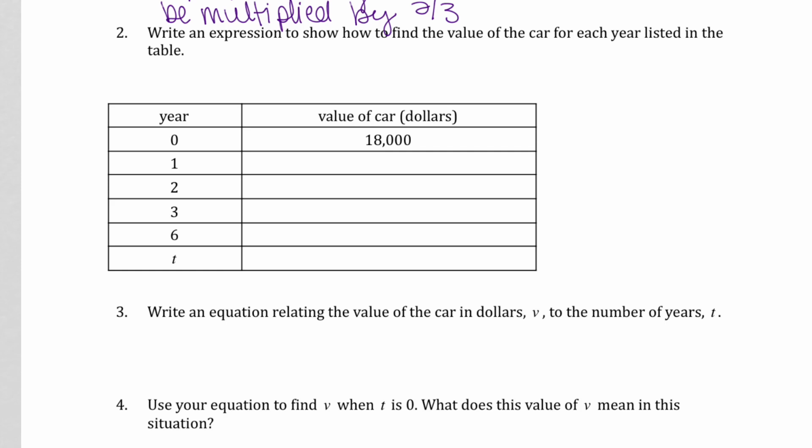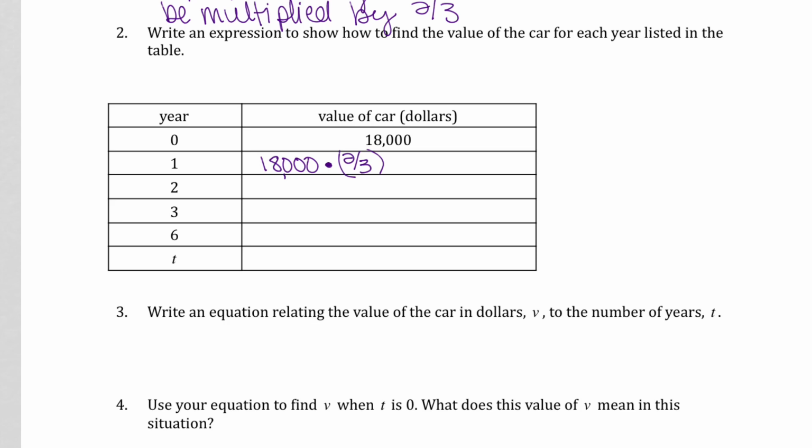Math. Yes, math is always the correct answer, but not fully correct. Multiply by what? 2/3. So we're going to take 18,000 and multiply by 2/3. Okay. What am I going to do on year 2? Same thing.